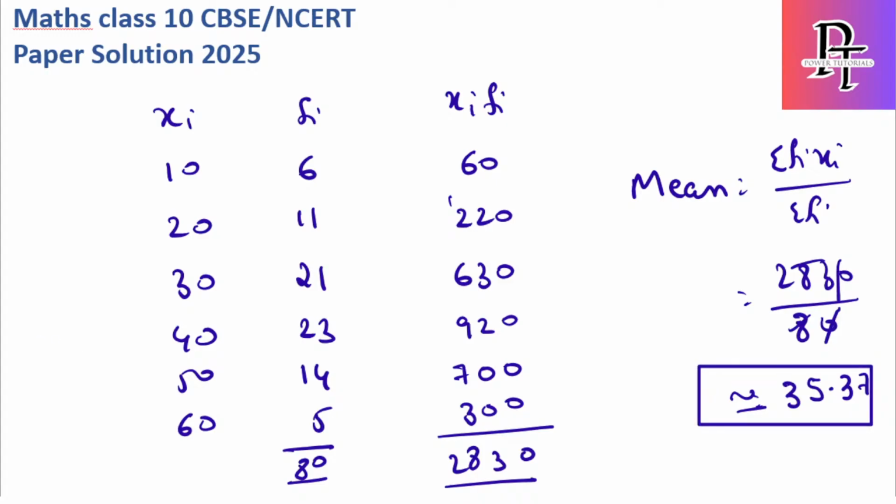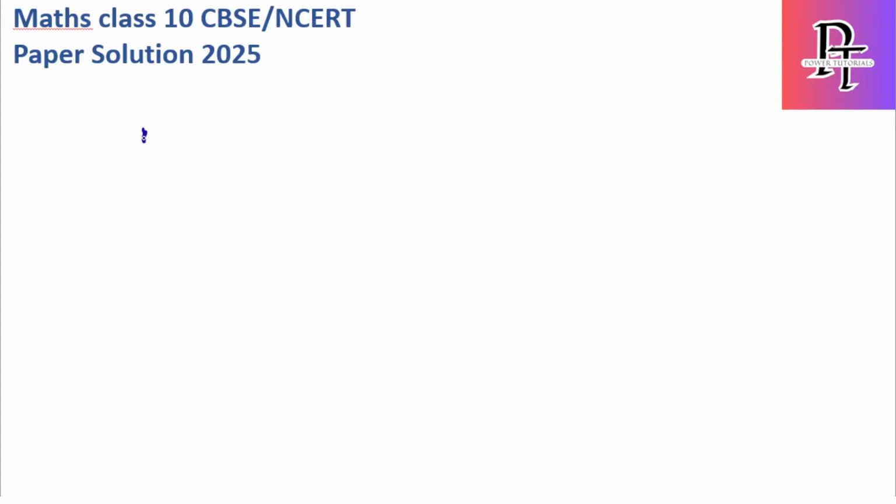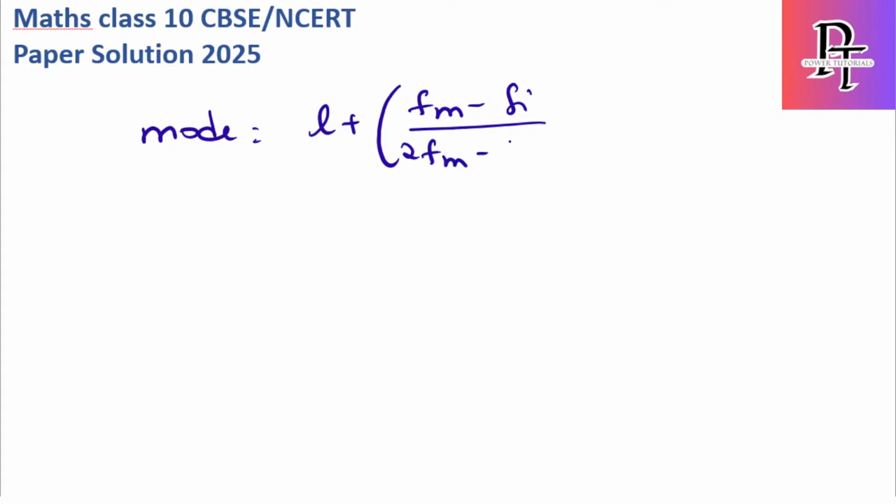Okay, let's solve the last part, which is mode. I already told you the formula we have to remember: L plus (f of the modal class minus f1, which is preceding) by (2 f of mode minus f1 minus f2) into h. What is the modal class? We have to find which is having the highest frequency.